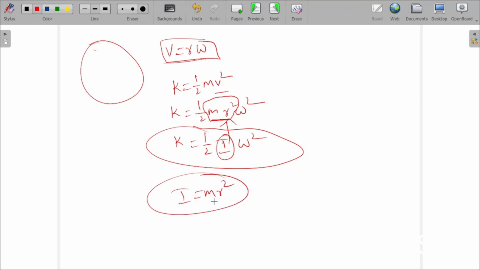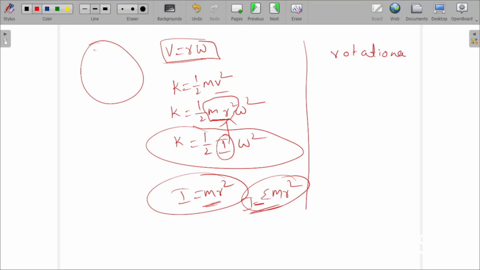Simply you can say that it is not only one particle, it is the sum of masses times the square of their distances, and that is called the moment of inertia. Moment of inertia is also called rotational inertia, or the rotational analog of inertia.